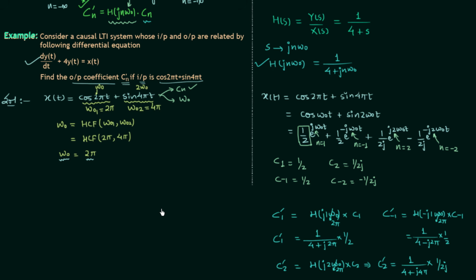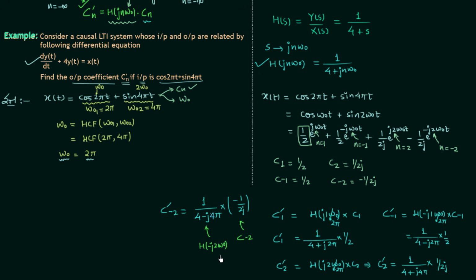Now only one non-zero coefficient is remaining, and the coefficient is c minus 2', and after calculation you will find it is equal to 1 over 4 minus j4π multiplied by minus 1 over 2j, where minus 1 over 2j is the input coefficient c minus 2, and 1 over 4 minus j4π is the frequency response corresponding to n equal to minus 2, and it is H(-j2ω0).